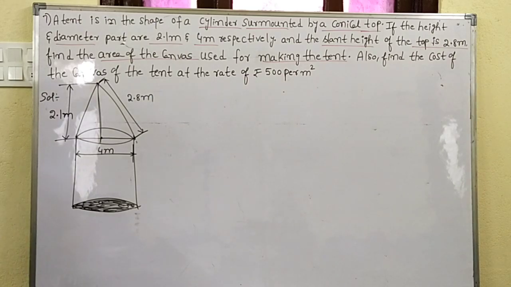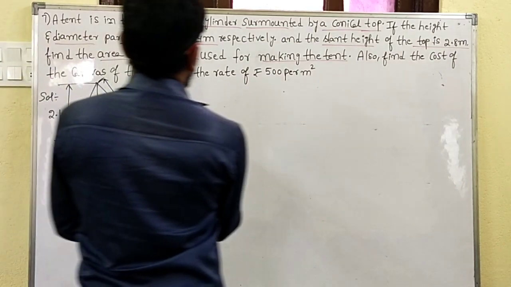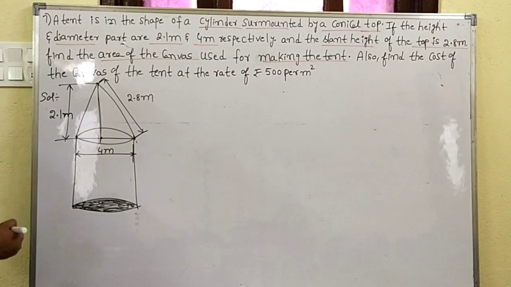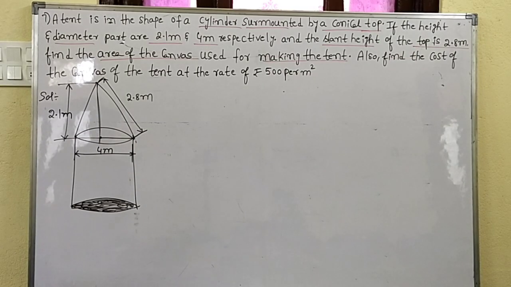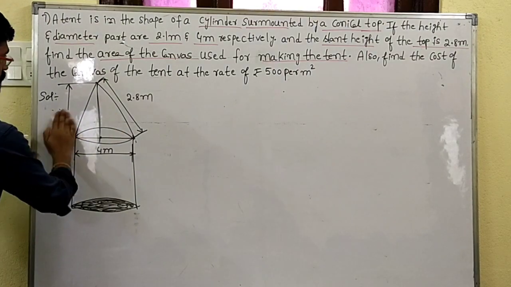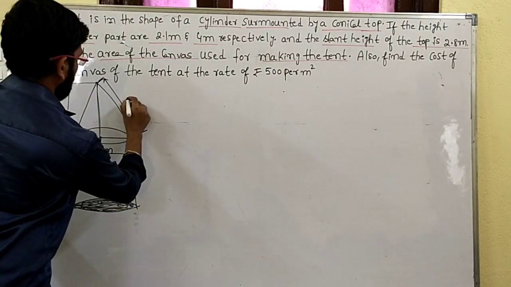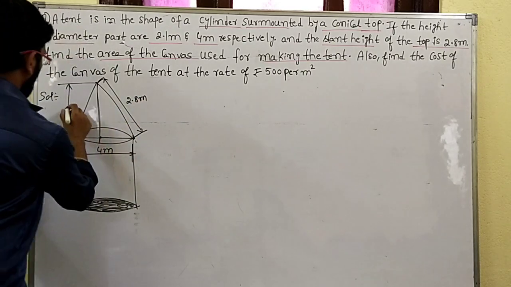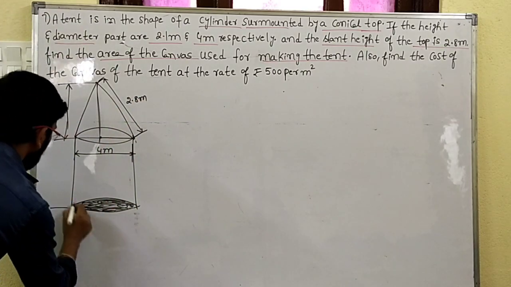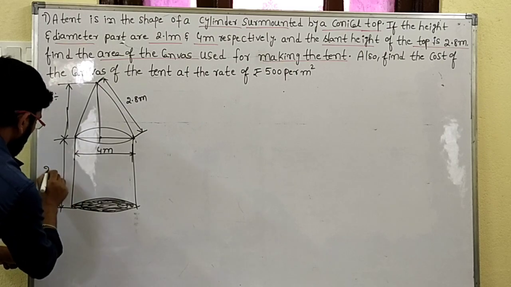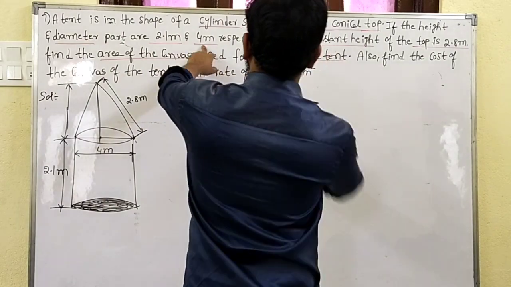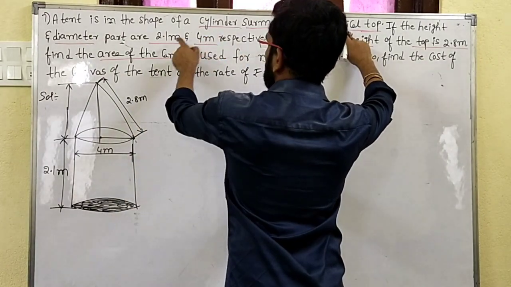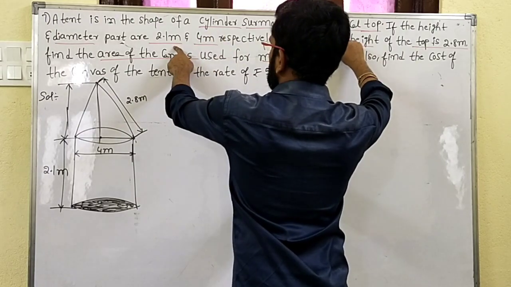So first of all we need to find the CSA. First write it here. So these are the sides. This is 2.8. And this height is 2.1. These measurements of height and diameter are the measurements of the cylinder, not of the cone.